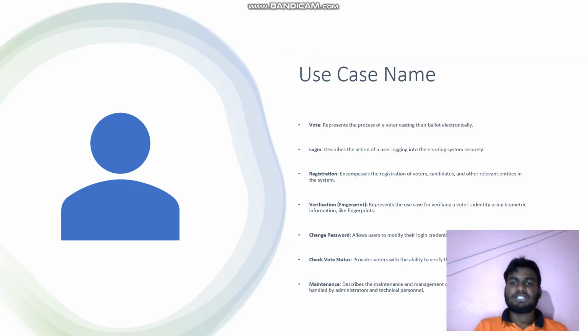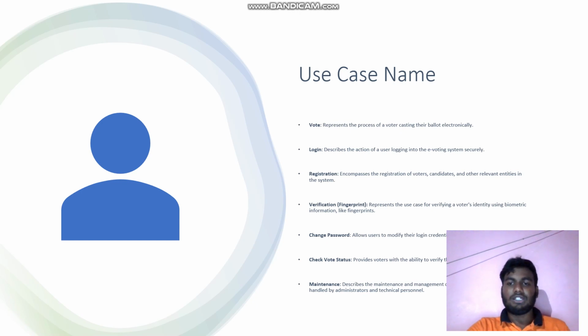Let's see the use case names for the e-voting system: vote, login, registration, verification of fingerprint, change password, check vote status, and maintenance. Vote represents the process of the voter casting their ballot electronically.